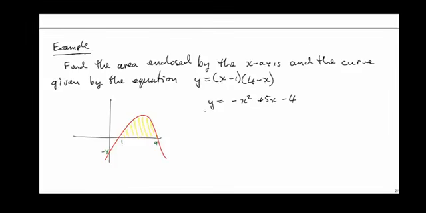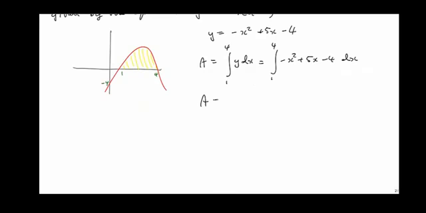And so the area equals the integral between the limits 1 and 4 of y dx, which is the integral between 1 and 4 of minus x squared plus 5x minus 4 dx. So A equals, we integrate that, minus x squared is minus x cubed over 3, 5x is 5x squared over 2, minus 4x, between the limits of 1 and 4.